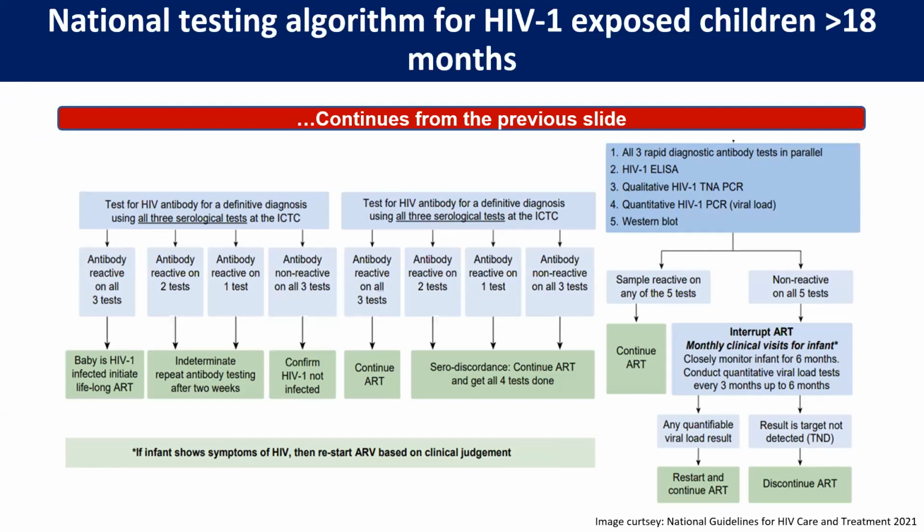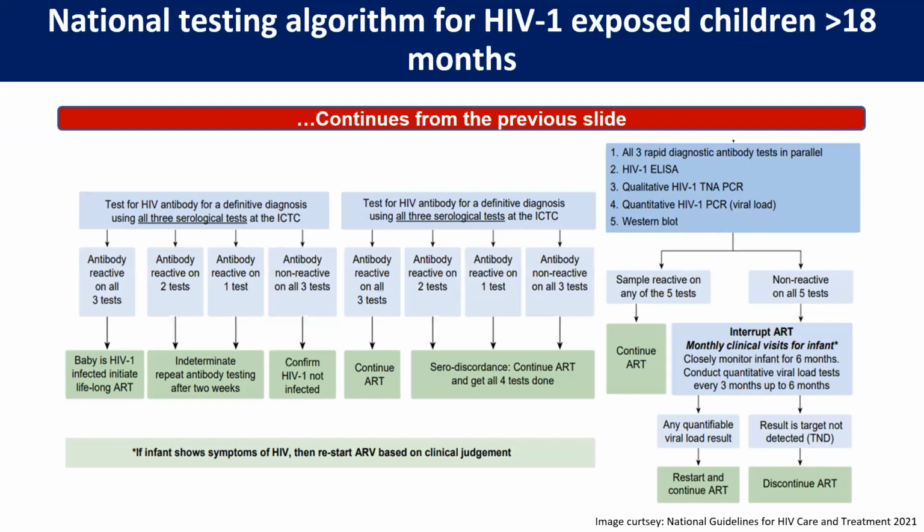If previously this child was tested on PCR and found positive, and the child was on ART also, now you test with antibody test. If all 3 tests are positive, then you continue ART. If the test is negative in any one of them, there is a serodiscordance, then you have to do 4 tests.